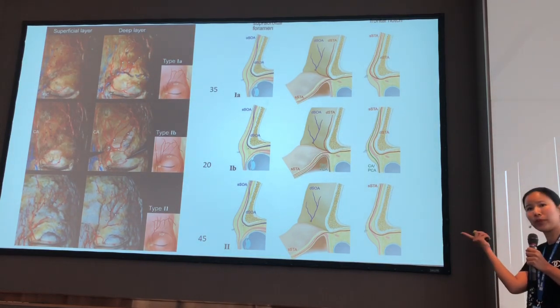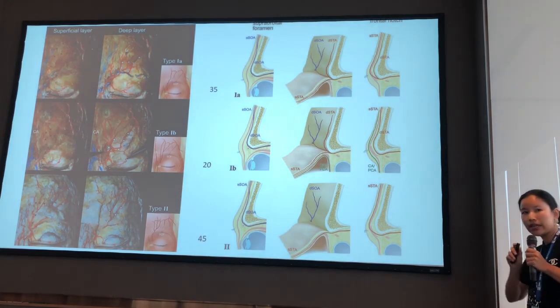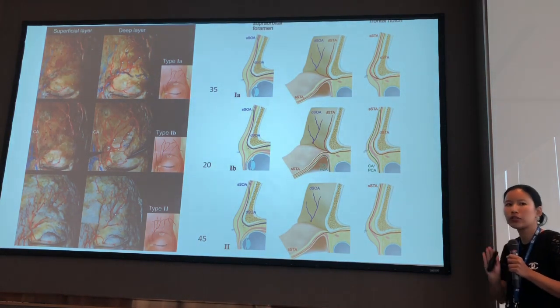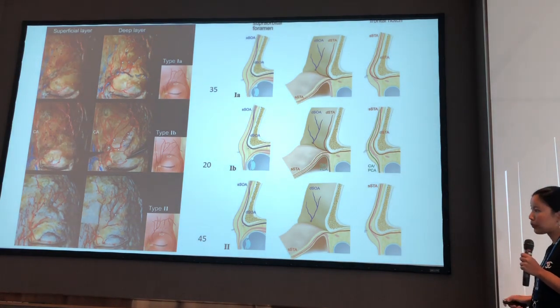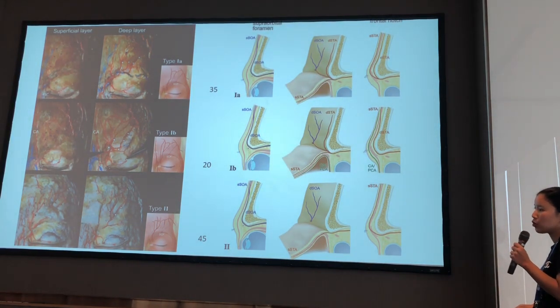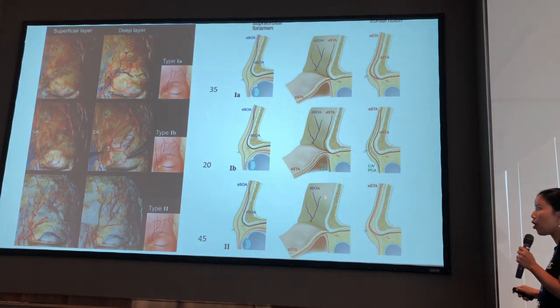If you can see this picture, from this one, they classify the vessels here into 3 main groups. Group 2 is the group of cadavers that has a deep supraorbital artery.